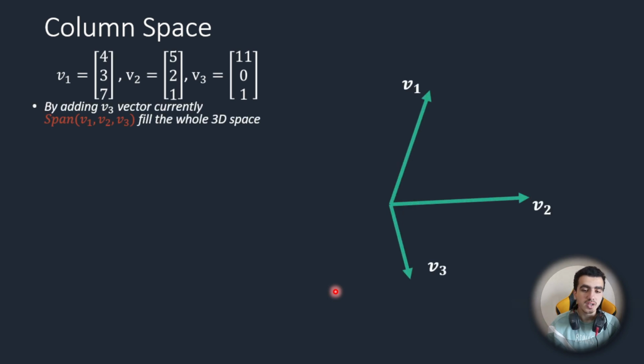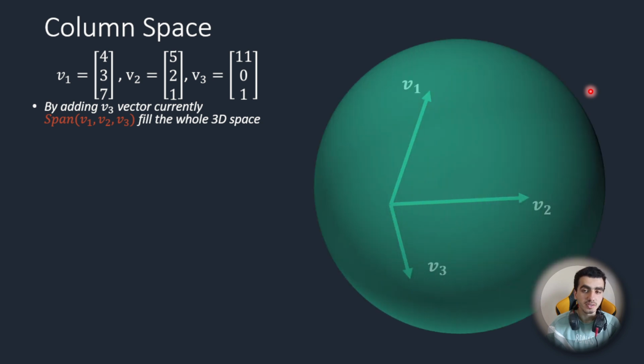For example, here I have 3 vectors. If I tell you I have 3 independent vectors, what is the output of this span? It should be a sphere. So this sphere is the span of these 3 vectors, all the linear combinations from these vectors.